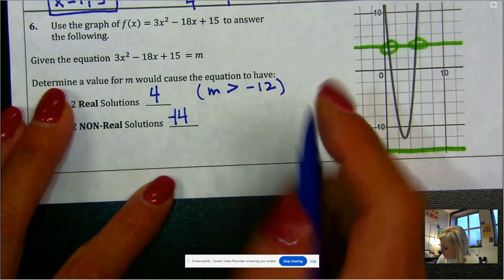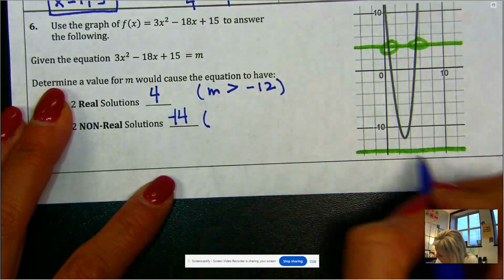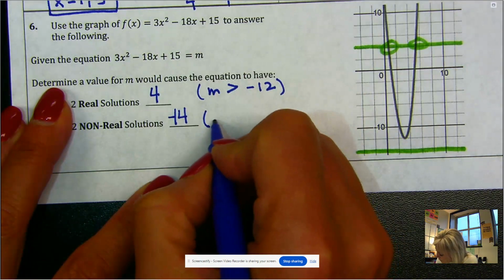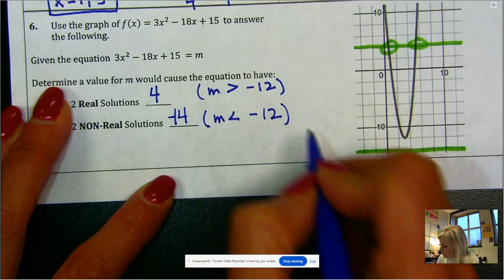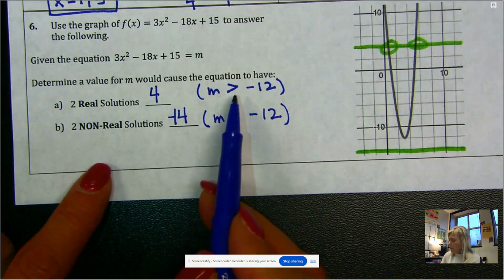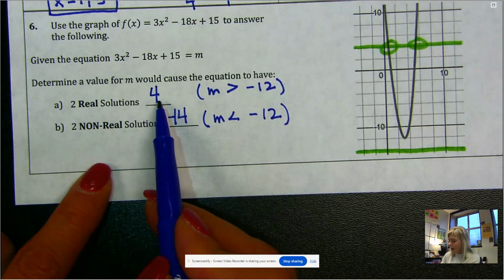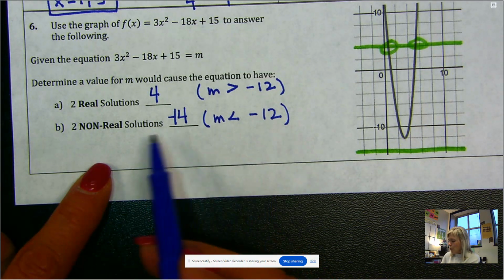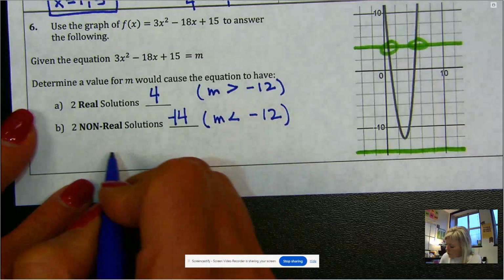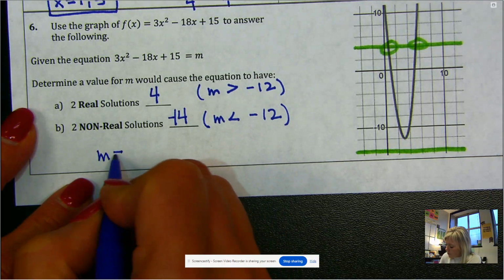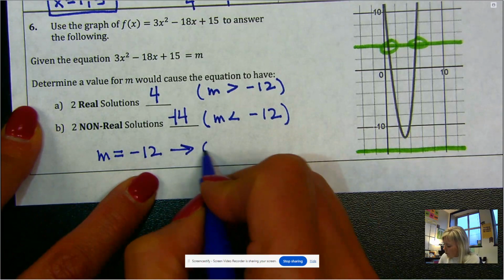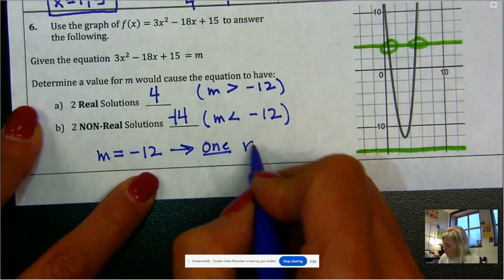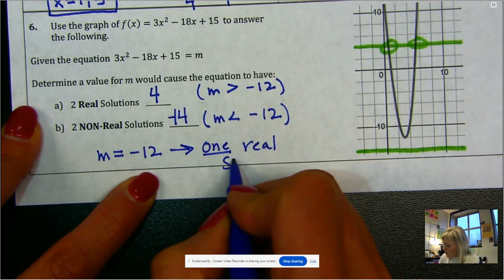And then the other way around, anything below negative 12 will have two non-real solutions. So you just have to have a number more than negative 12 for A and less than negative 12 for B.